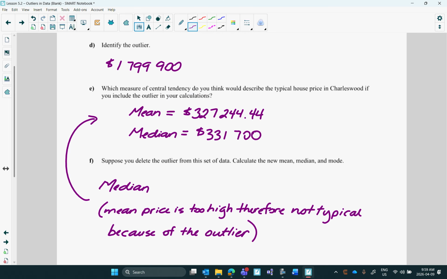Oh, and so we could say mean or median could now be best.